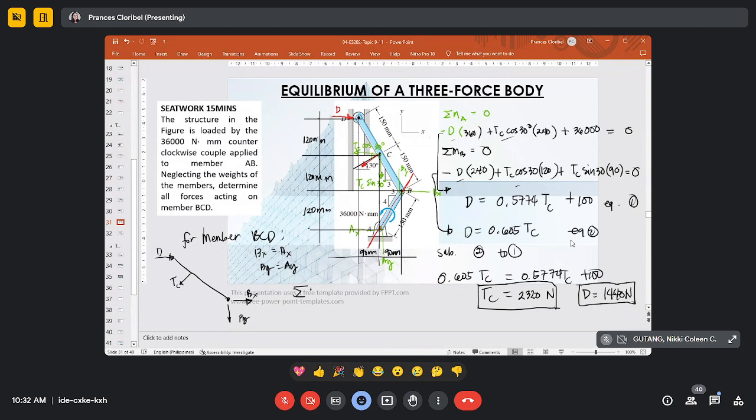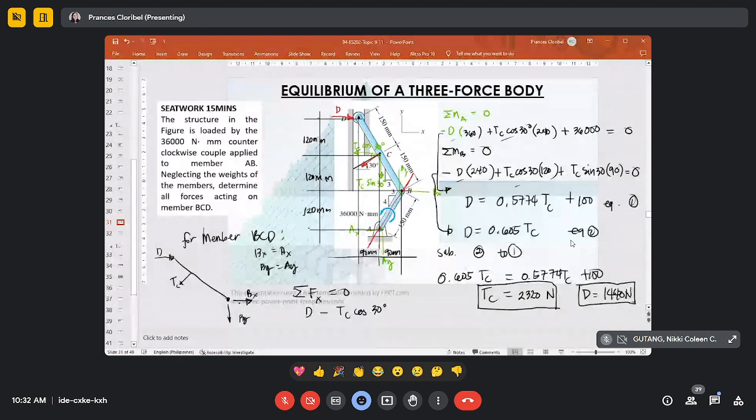Summing up forces along x is equal to 0. For the horizontal forces, that is our reaction at B going to the right minus TC cosine of 30 degrees, where TC is equal to 2320.